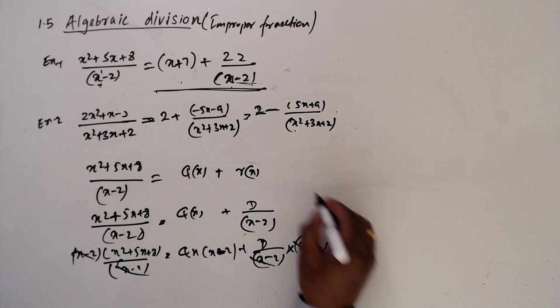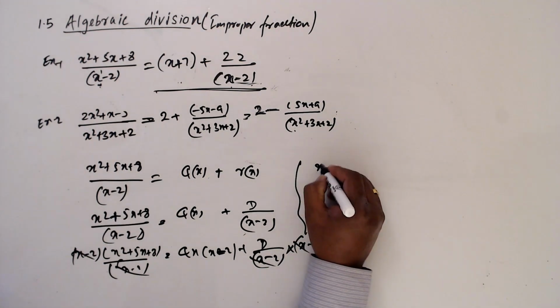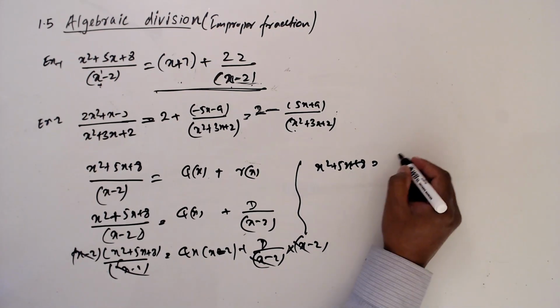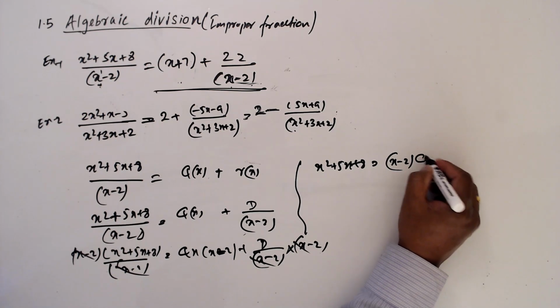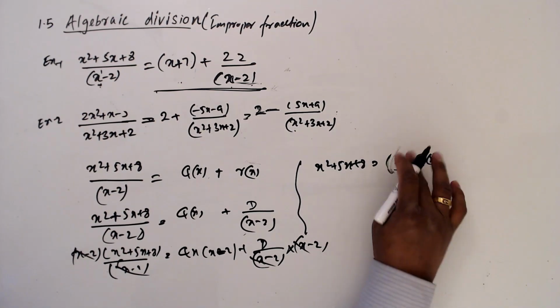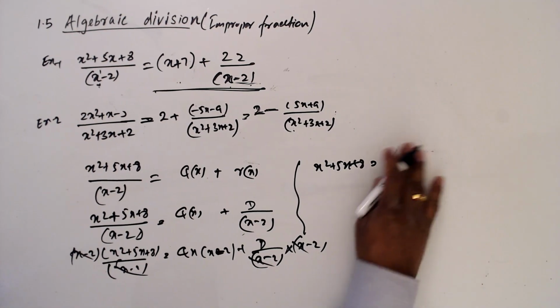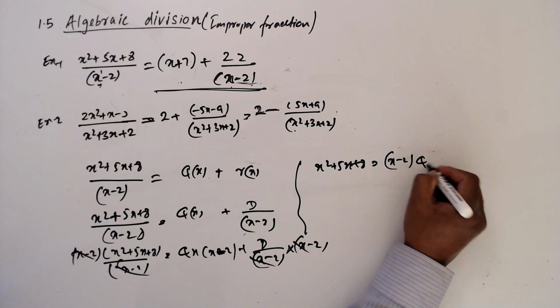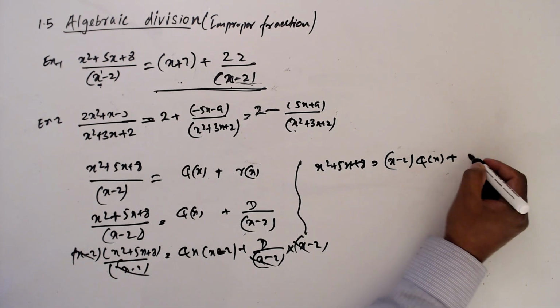Finally we will get something like this: x square plus 5x plus 8 equal x minus 2 times qx, or qx times x minus 2, it doesn't matter.